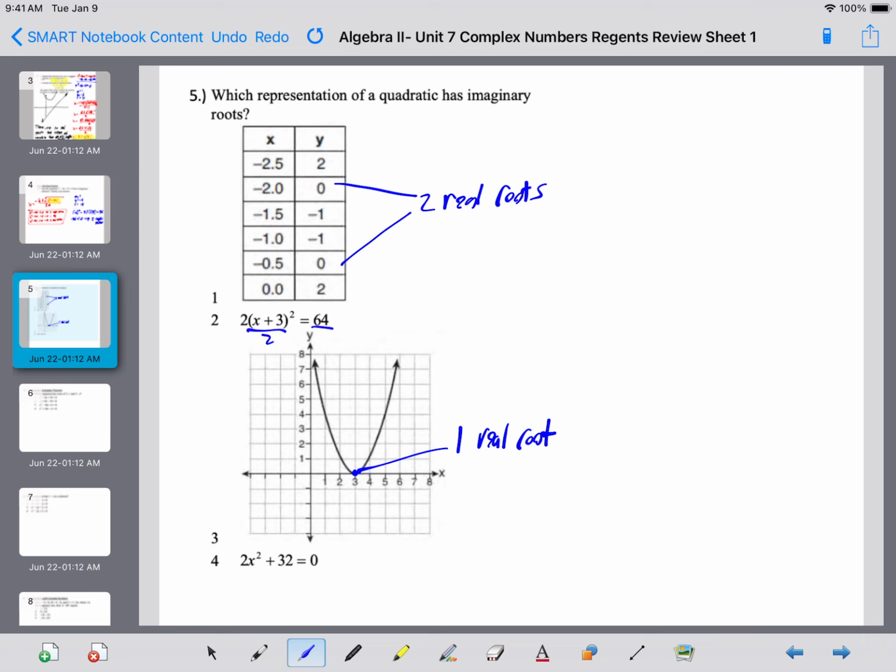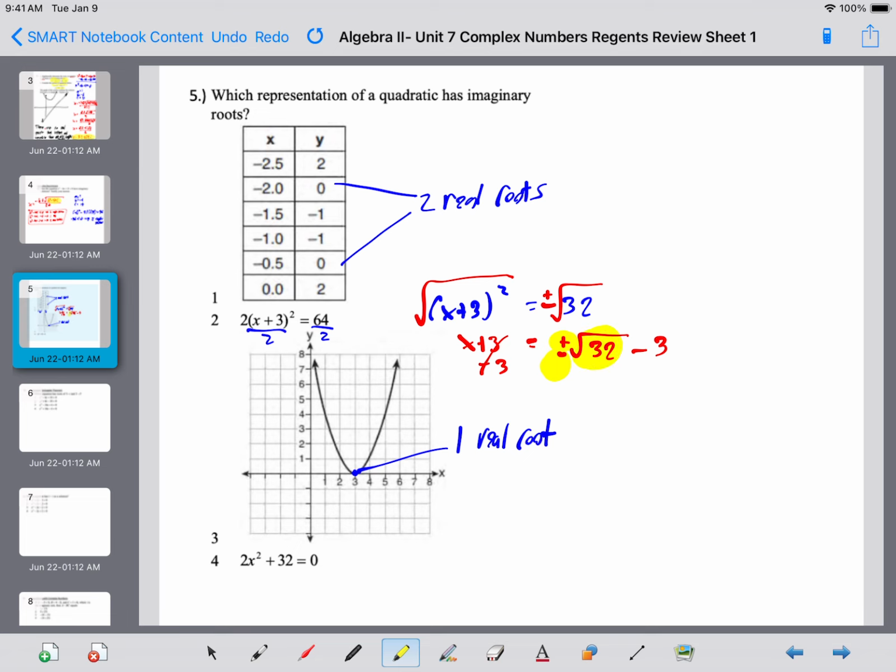So divide by 2. Take the square root of both sides. Because you're taking the square root of an unknown, you must include the plus or minus sign. Subtract 3. And look at that, you have two real roots.